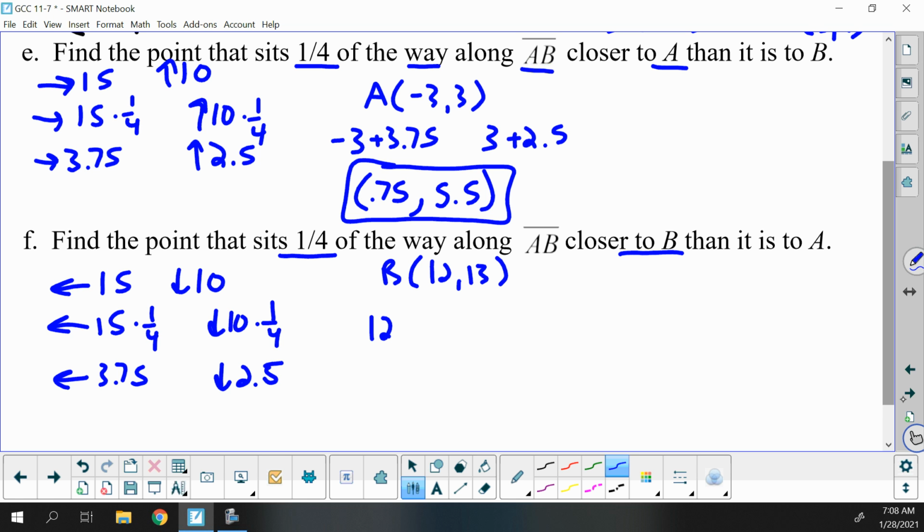If we're moving left, that's in the negative direction for x's, so that'll be minus 3.75. And when we do that in the calculator, we get 8.25. Start with the y of 13. We're going down. Down in the y direction means you're going in the negative direction, so we'll subtract 2.5, and that'll give us 10.5.